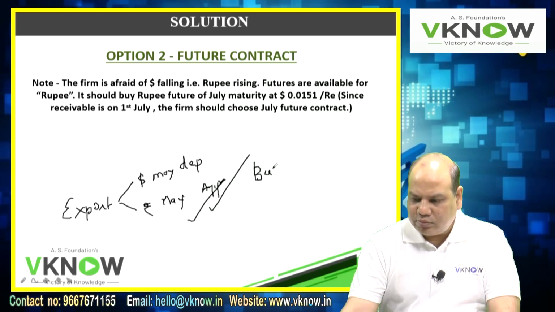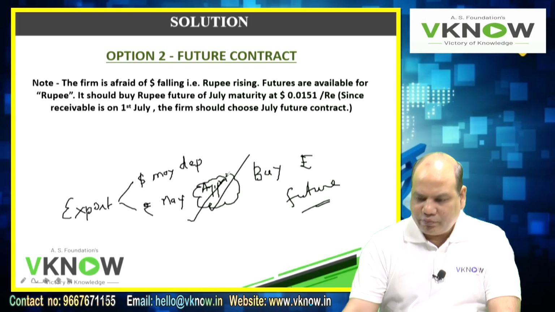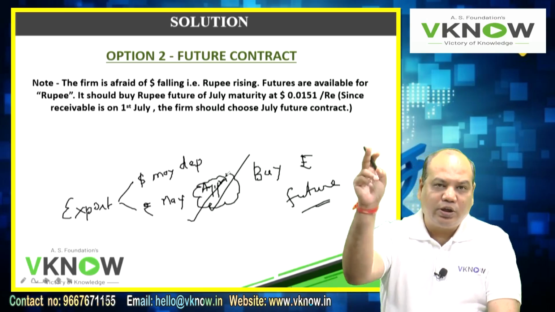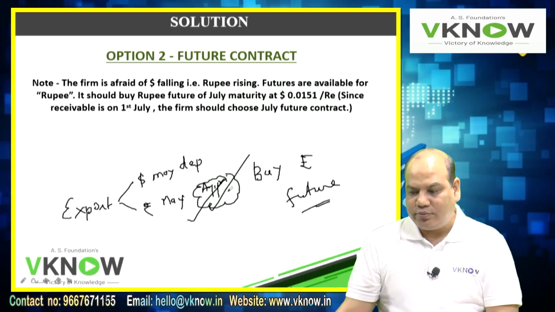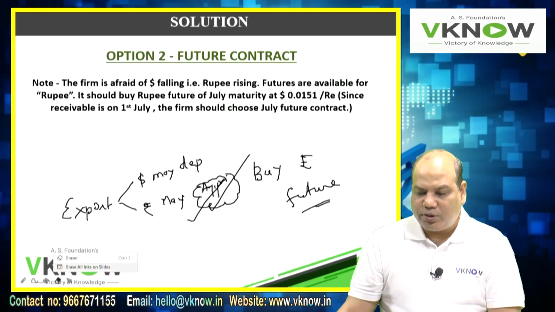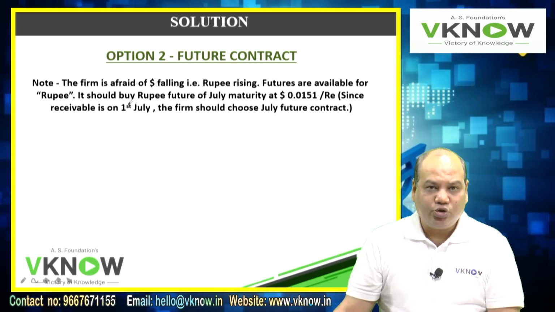So we will buy rupee future. If the rupee appreciates, we will lose on converting dollar into rupees on maturity, but we will gain on future. Gain on future compensates for loss on actual conversion of dollar into rupees.